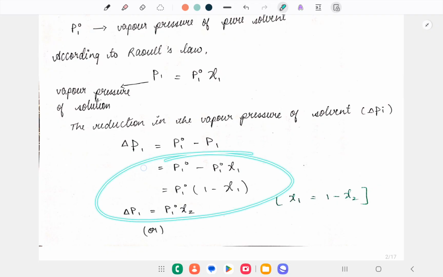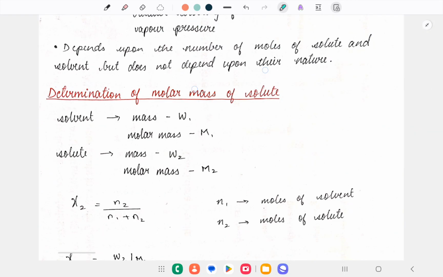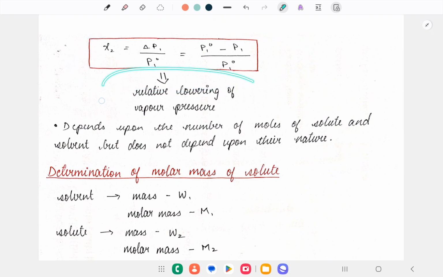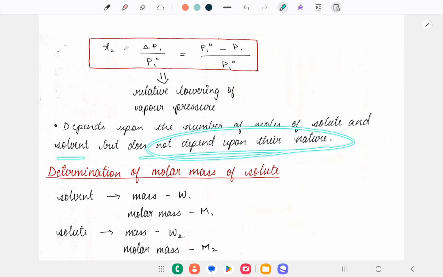By further solving this equation, we come to this very important equation, which is called the relative lowering of vapor pressure. It depends only upon the number of moles of solute and solvent but not upon their nature.